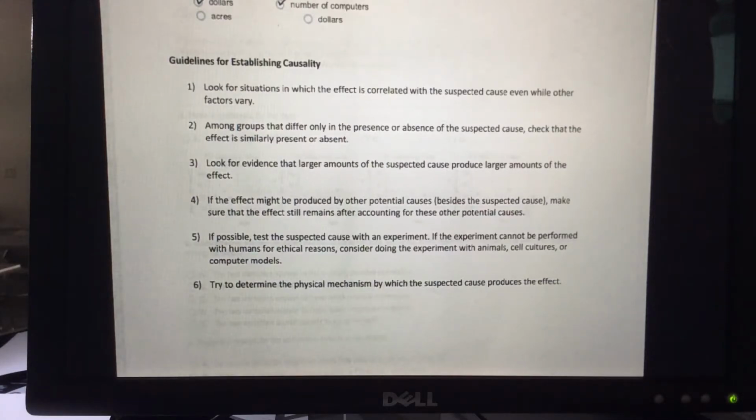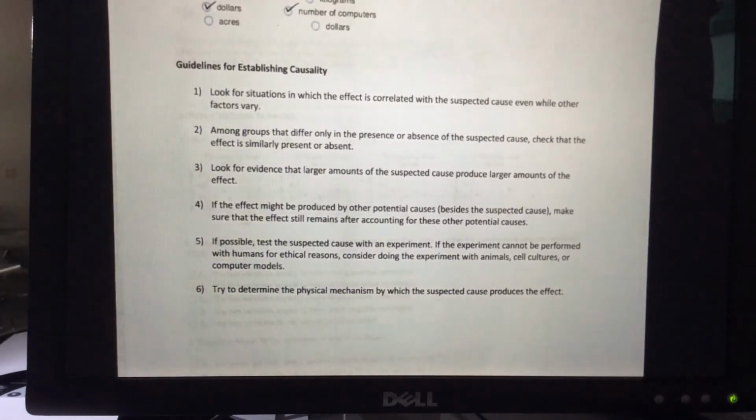If the experiment cannot be performed with humans for ethical reasons, consider doing the experiment with animals, cell cultures, or computer models. And then finally, try to determine the physical mechanism by which the suspected cause produces the effect. Okay. So those are just some guidelines for establishing causality.